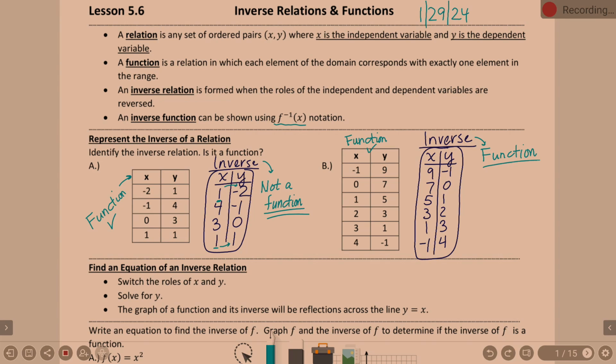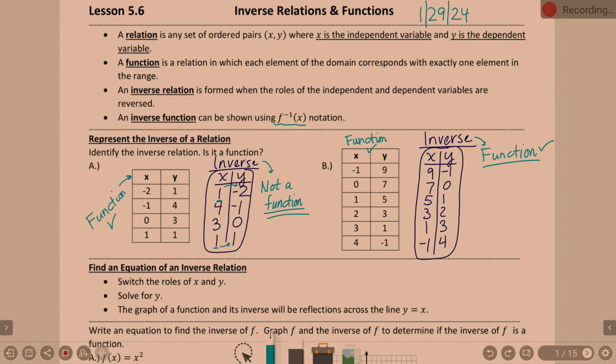Whether the original is or is not a function is not going to affect whether the inverse is or is not a function. Okay? It just depends on the points. So, always an easy thing, inverses. Remember, switch your x and y. That's what you've got to be able to remember there.